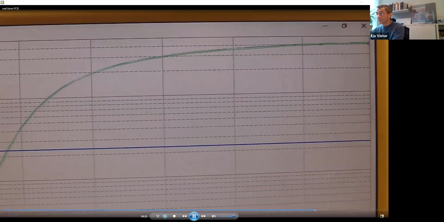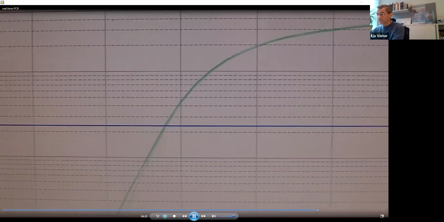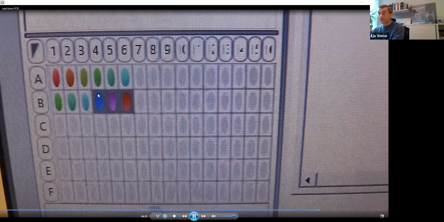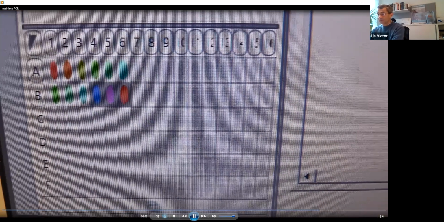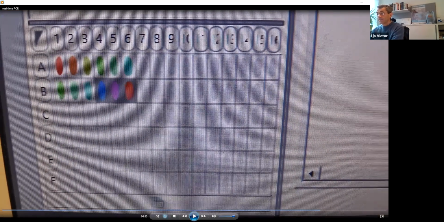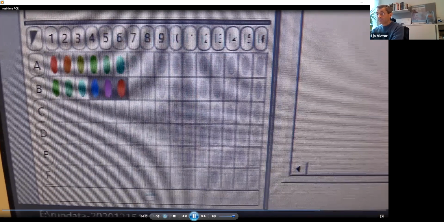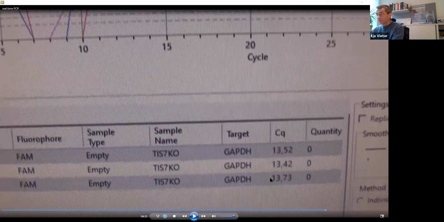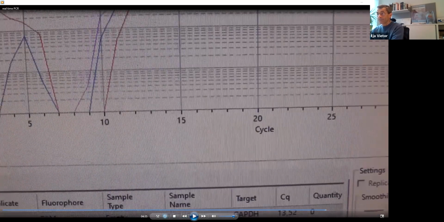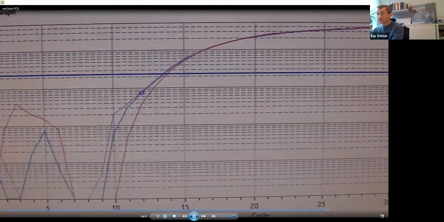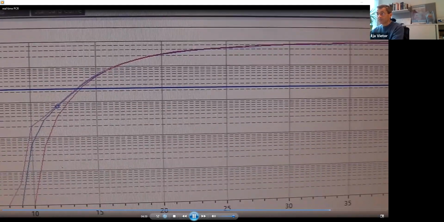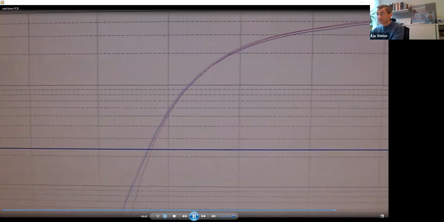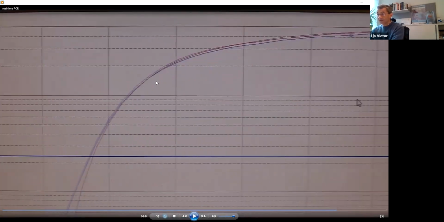And when we go to the next sample, which is in this case the triplicates for this T7 knockout material, GAPDH, and here you have the CQ. It's lower, so there was more material, more cDNA. Once again, curves have a very similar pattern.